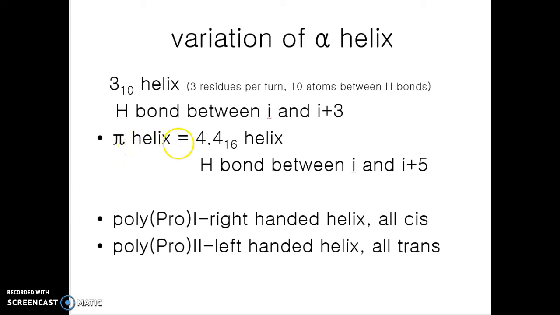Pi helix instead makes hydrogen bonds between i and i plus 5, so it is loosely packed. This one also has another name, 4.4 16 helix, according to this nomenclature.